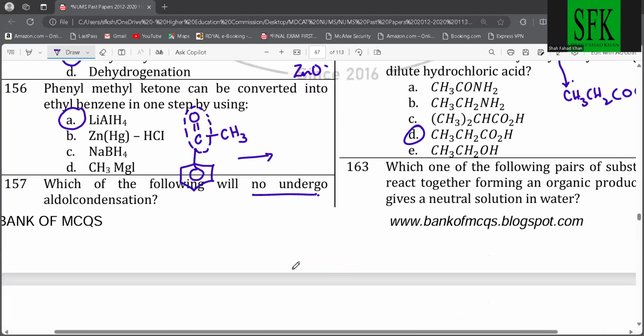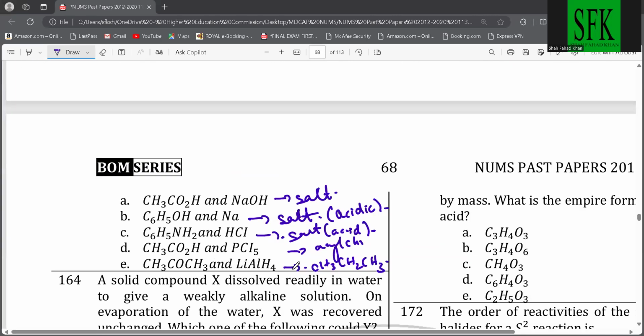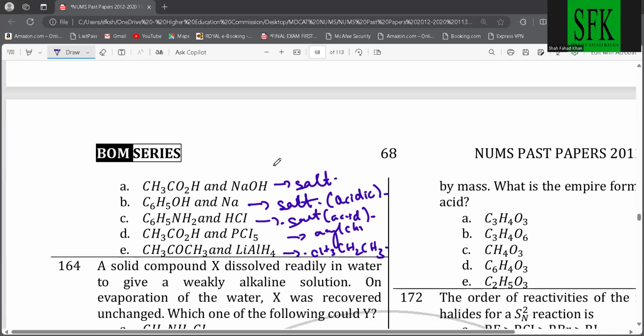Okay, so it has to be an organic product that has to be neutral. All of them are organic, in fact. The first one that you guys can see right here is good in making a buffer solution.